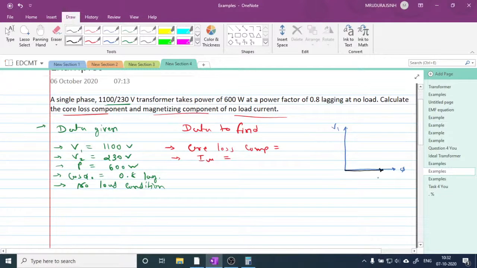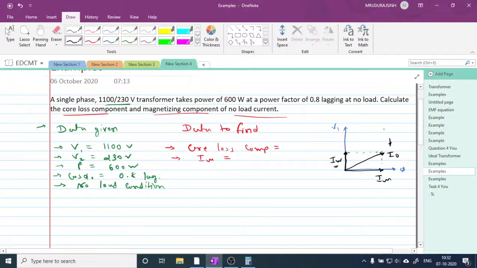This is known as I mu, which is the magnetizing component, and the other one is IW, which is the iron loss component or core loss component for the primary side. Basically the amount of core loss occurring on the primary side is very small, but this component is responsible for it. So let's draw the vector diagram of I0 from this. So this is our I0.